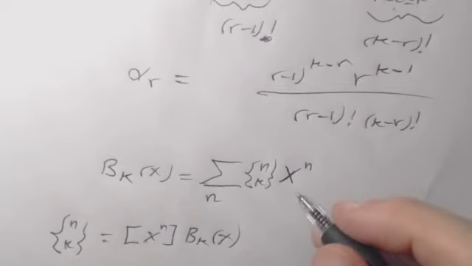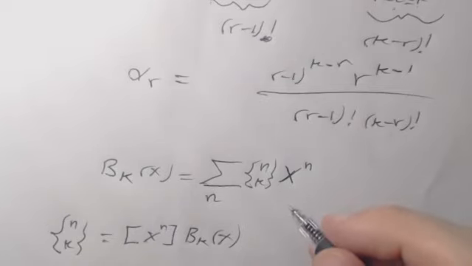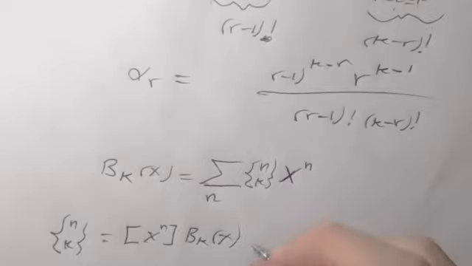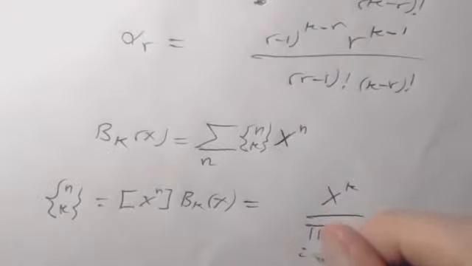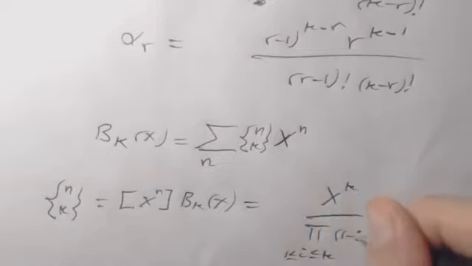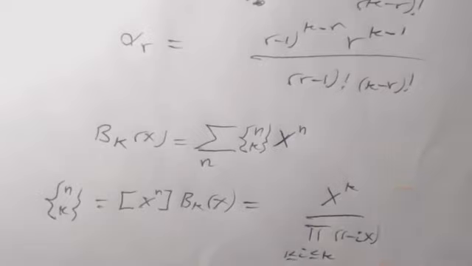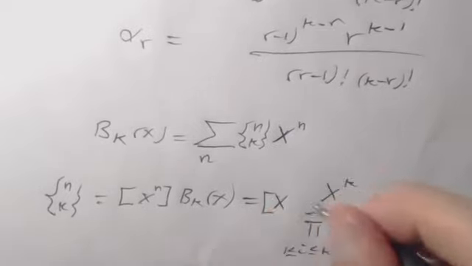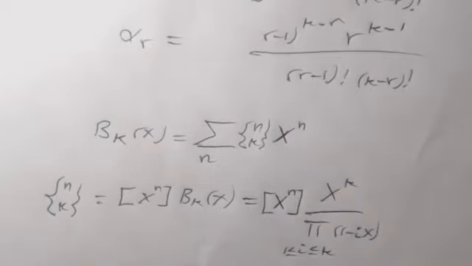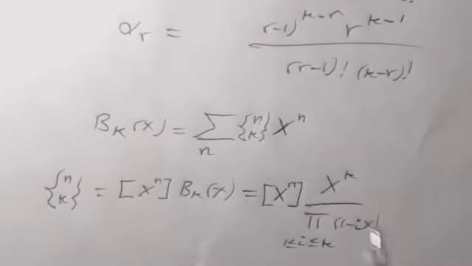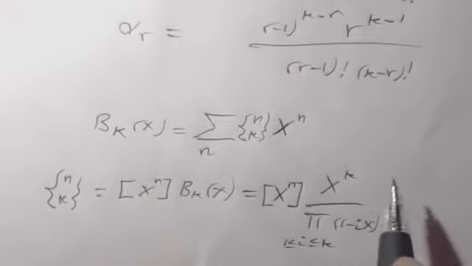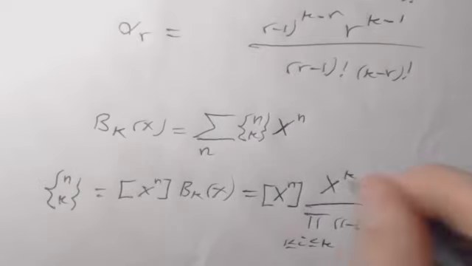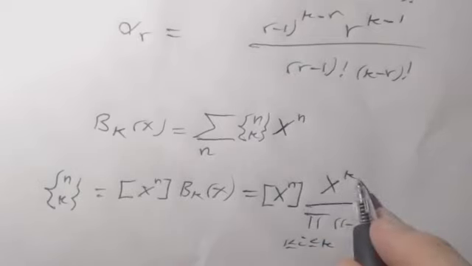And what did we have? We knew what b k of x was. It was x to the k over the product of i between 1 and k of 1 minus i x. So we need the x to the nth coefficient of this. Well, we've got this x to the k up here.